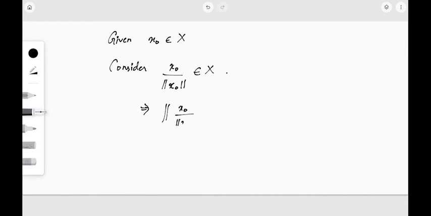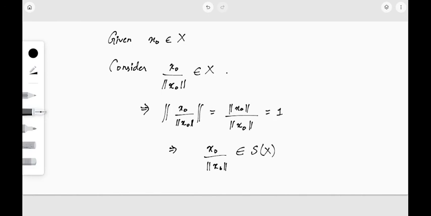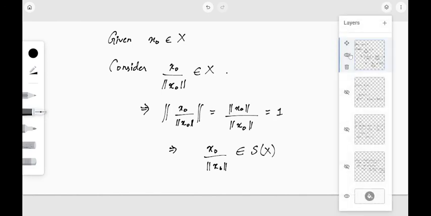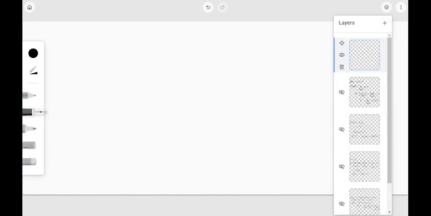Norm of x dot by norm x dot will be nothing but norm of x dot whole divided by norm of x dot, which is equal to 1, right? So I can say that this element, that is x dot by norm of x dot, is an element of the unit sphere. Okay, so now we are free to use the previous corollary.